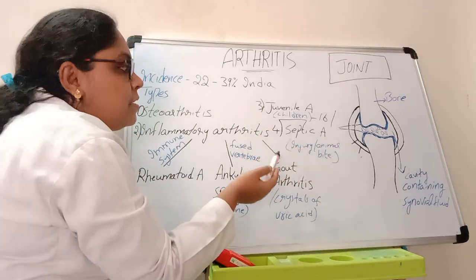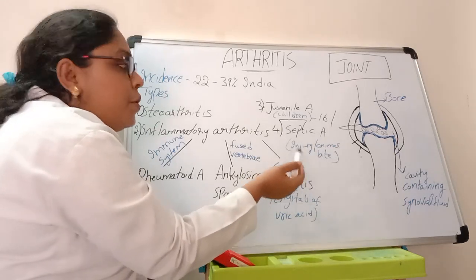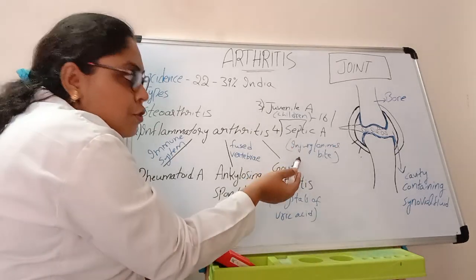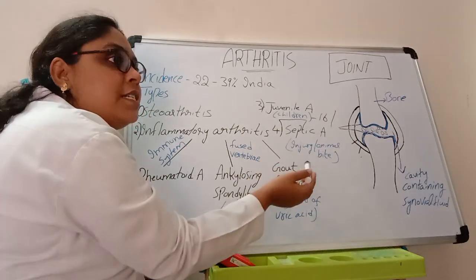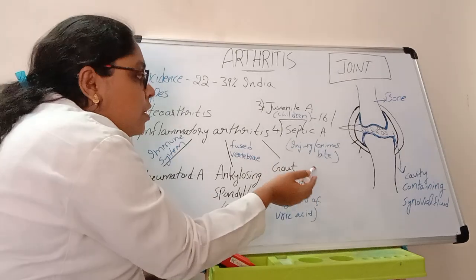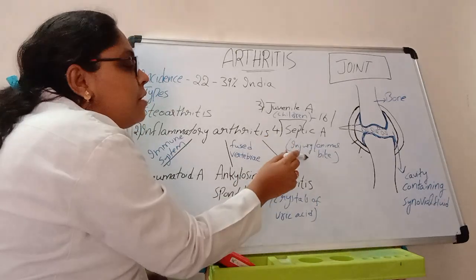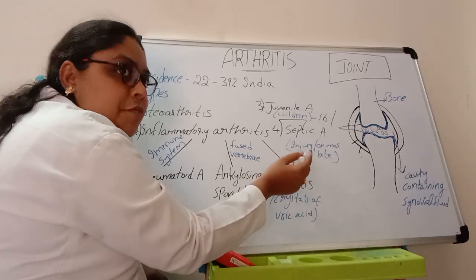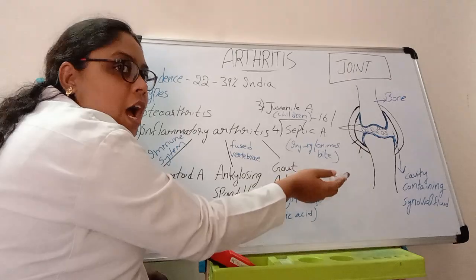Septic arthritis means there is infection in the synovial joint. Due to any trauma, that is injury, or any animal bite, the germs directly enter into the joints. This is leading to septic arthritis. What will be the symptoms here? They'll have fever, joint pain and swelling. This is septic arthritis.